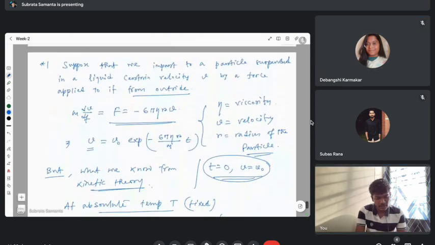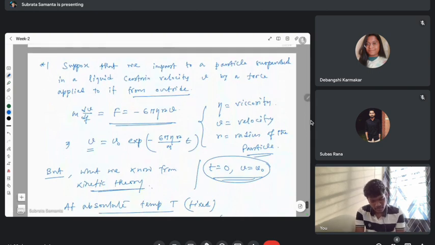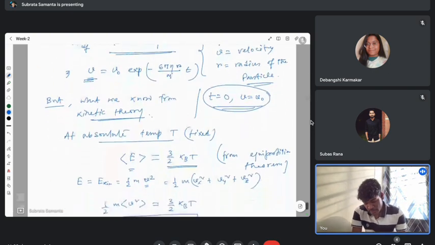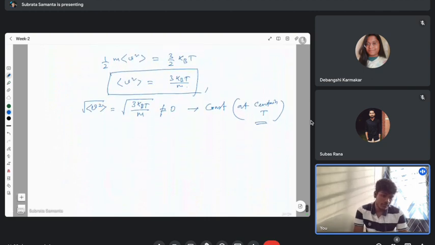But we see in this case here that the V actually rapidly falls down. So this tells you that there is some kind of random force due to these molecules, and due to this random force we get extra contributions. That's why v square is non-zero, right?